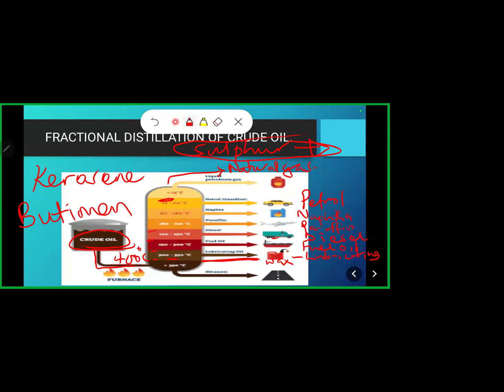Okay. Let's hear from Joshua Daniel. A fuel is used as an energy resource in the oil refineries. Okay, thank you.